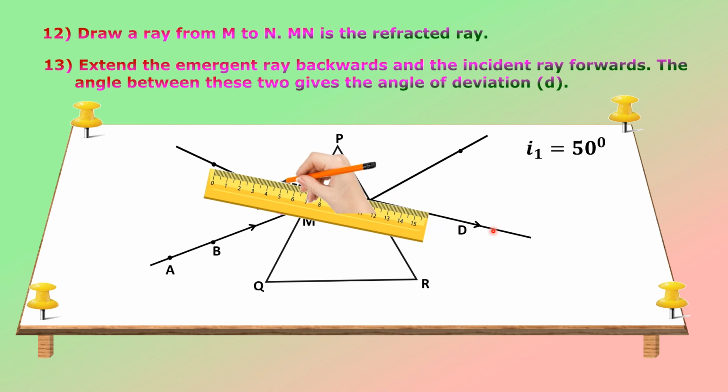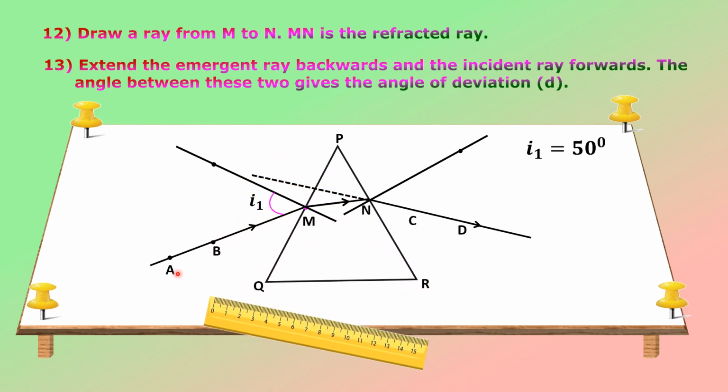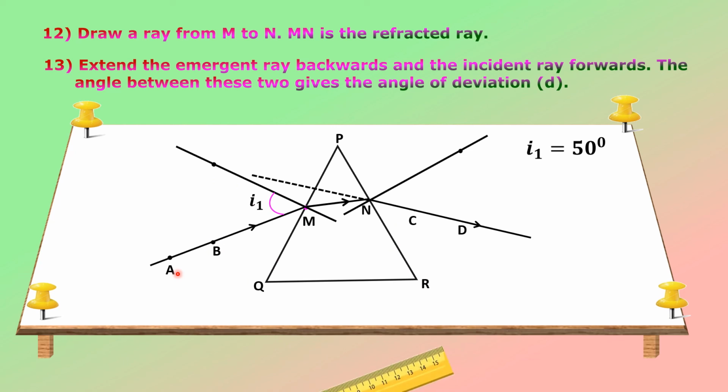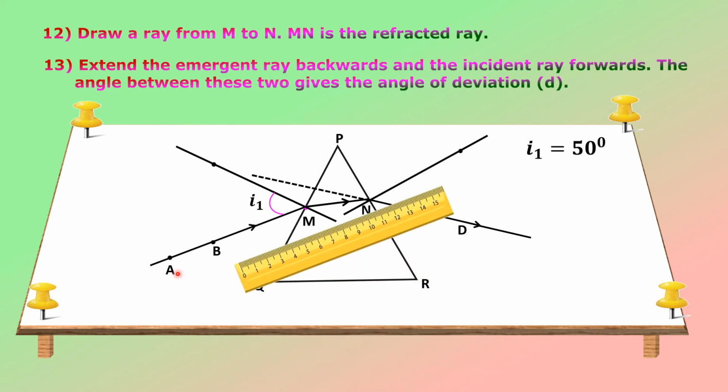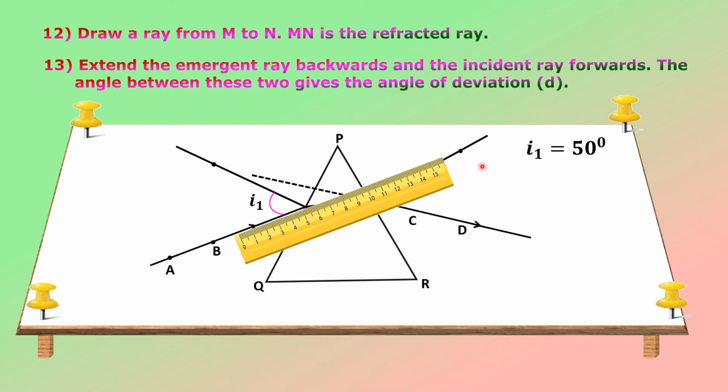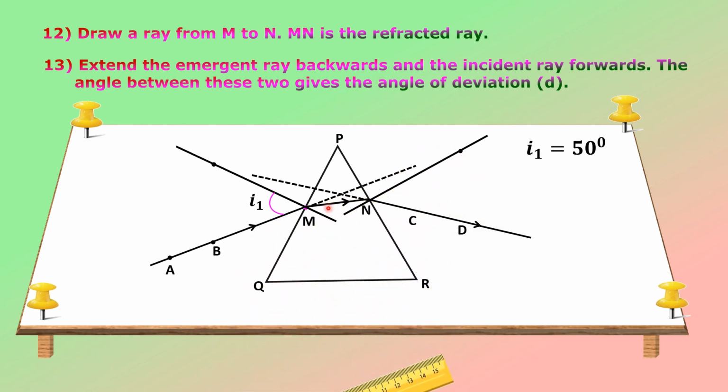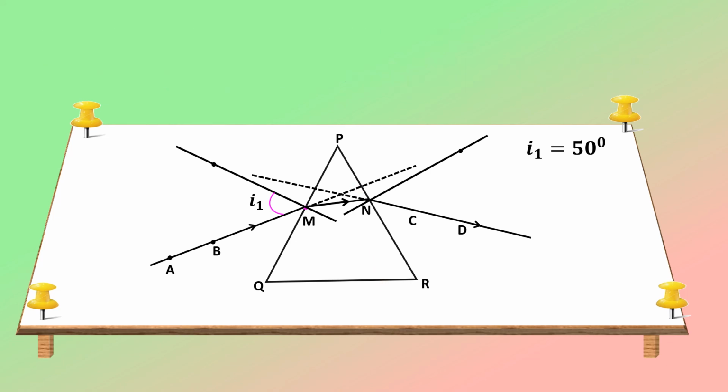I am extending this emergent ray backwards and the incident ray forwards like this. These two extensions meet here and form an angle. This angle is called the angle of deviation.